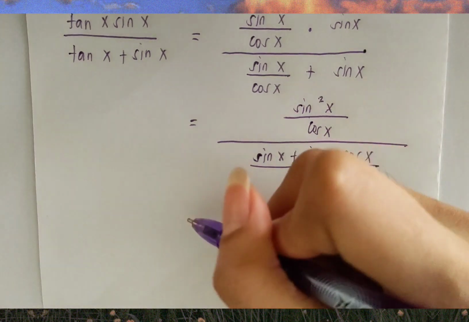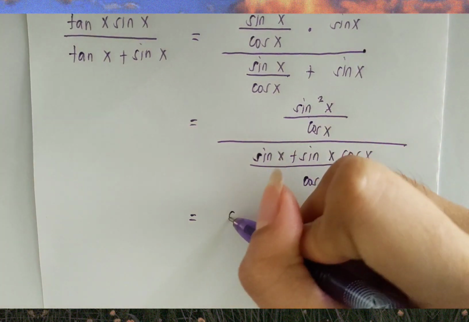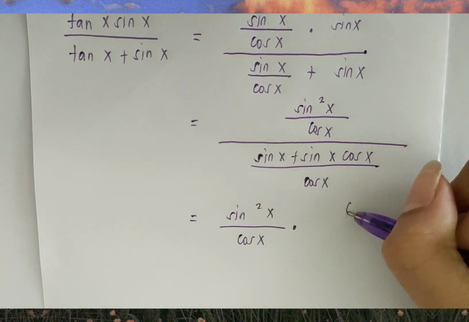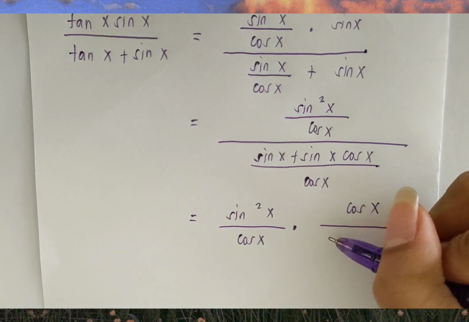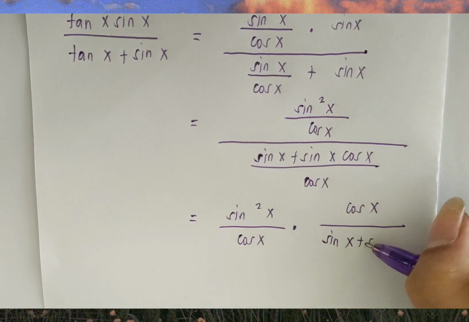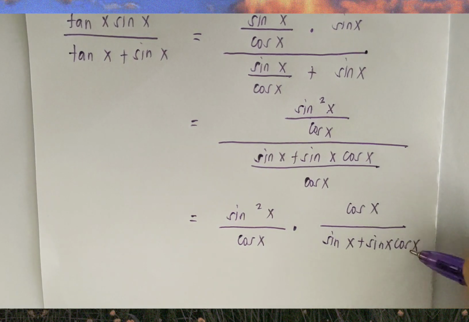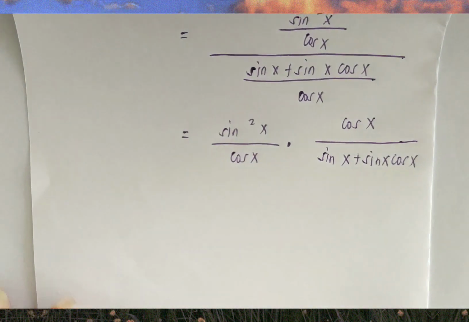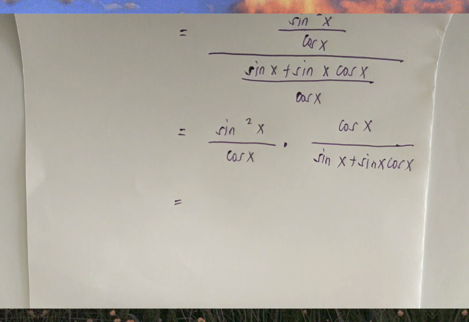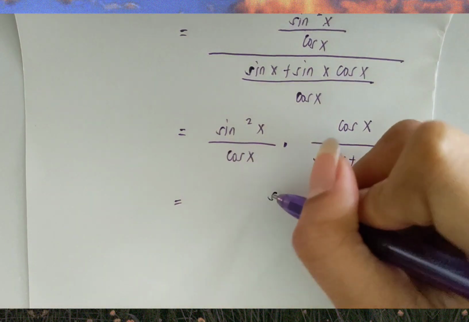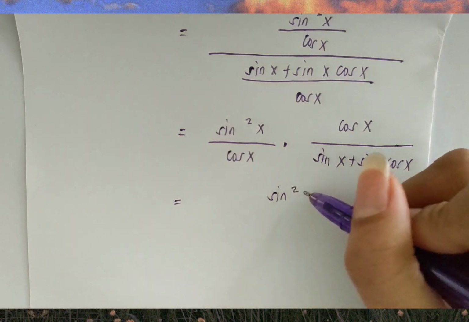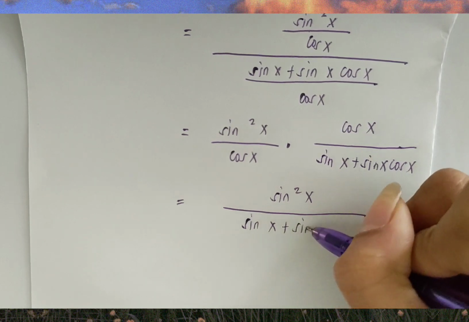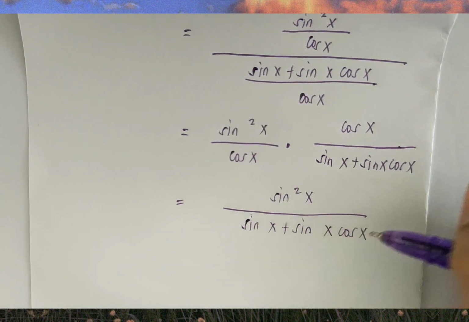Next, sine squared x all over cosine x times cosine x all over sine x plus sine x cosine x. Okay? Next step, we have sine squared x all over sine x plus sine x cosine x.